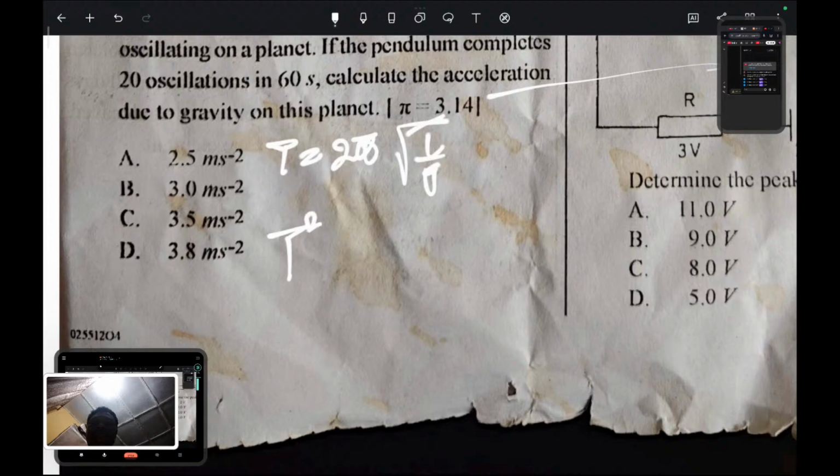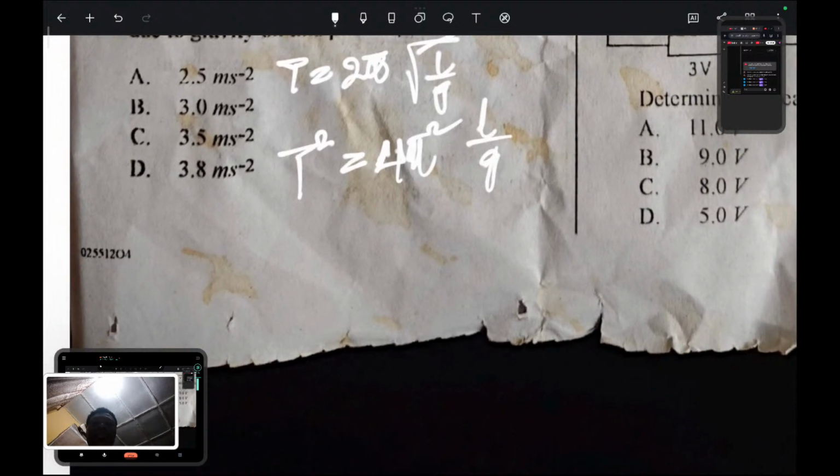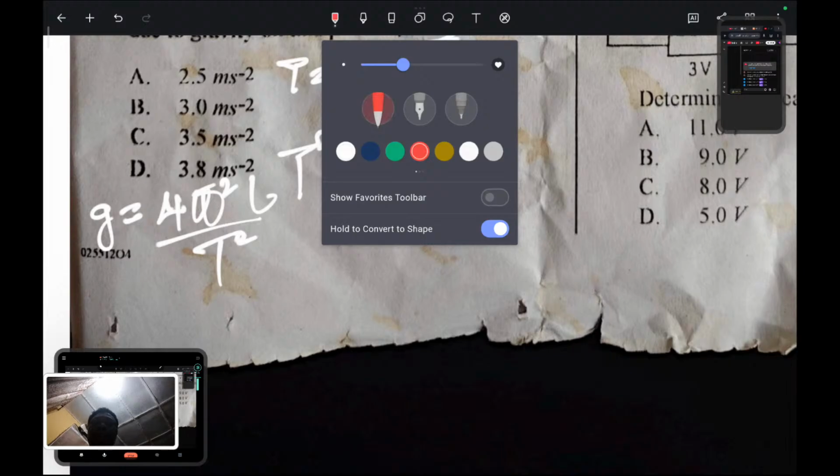We will have T squared equals, if we square 2, it gives us 4, then pi becomes squared, then we'll have L over G. Are you following? So if we make G the subject of the formula, our G will now equal 4 pi squared L over T squared. This is your formula.